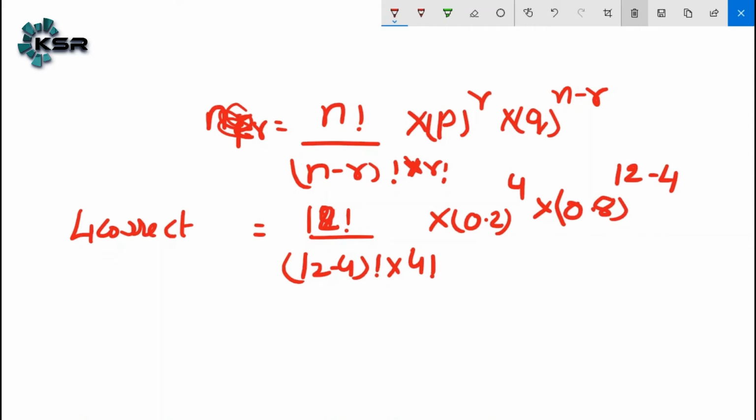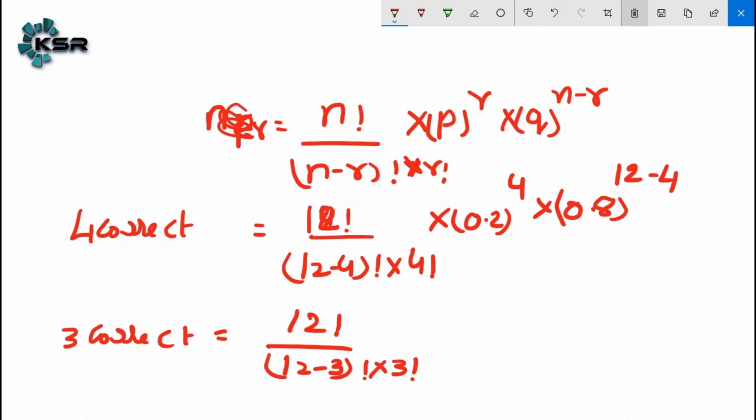No need to calculate manually. Just 3 correct answers will be there: 12 factorial divided by 12 minus 3 factorial into 3 factorial, 0.2 to the power of 3 into 0.8 to the power of 12 minus 3.